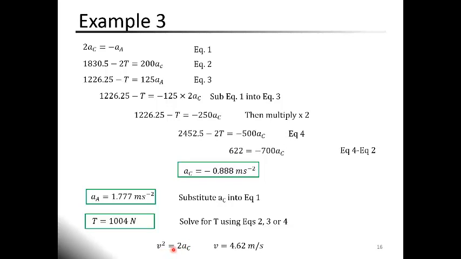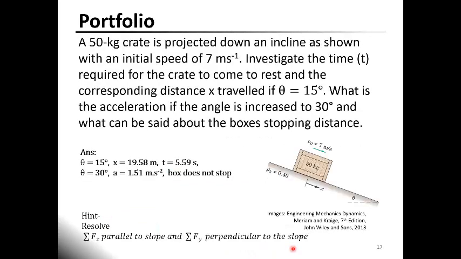So the V0 here is 0 because it starts from rest, and the V here is required, and the acceleration is A sub A. So we'll substitute A sub A here multiplied by 2, and it gives us 4.62 after we take the square root. So we have here the velocity of the block.